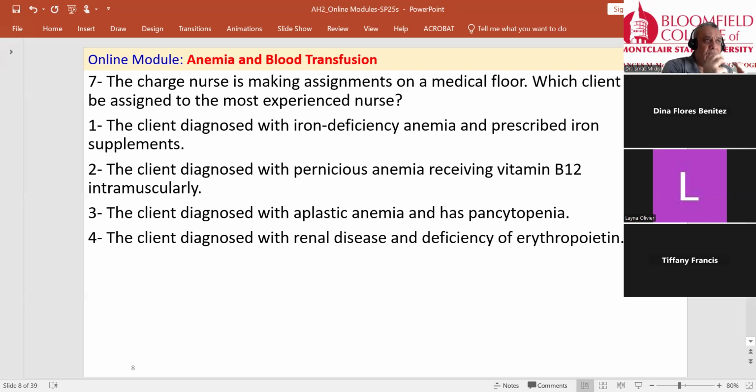Low platelets can also lead to hemorrhage and bleeding. Given this complicated scenario, this patient should be taken care of by a nurse who has experience.